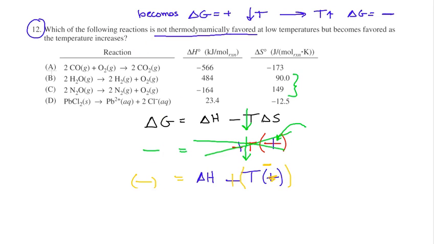But if I was to lower my T in this scenario, I'm going to make this less negative, and if it is less negative enough, this will drive it to become a positive delta G. Plus a negative, make this less negative by the T times it dropping enough. That's what they're talking about. It'll make the delta G become positive at some point if the temperature is low enough.